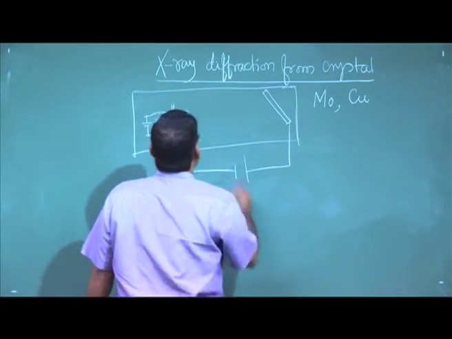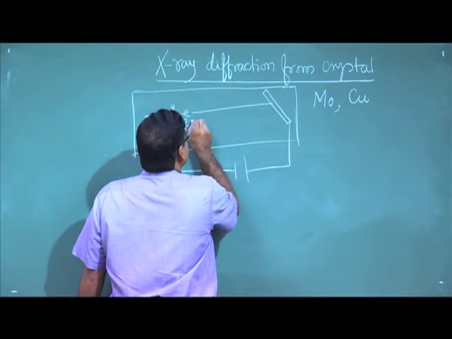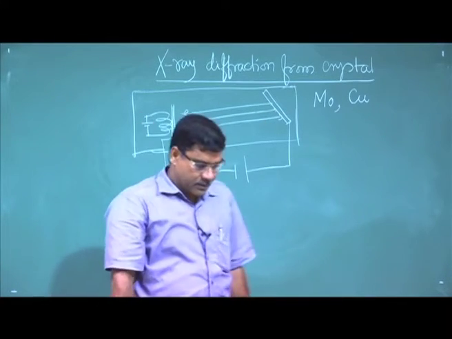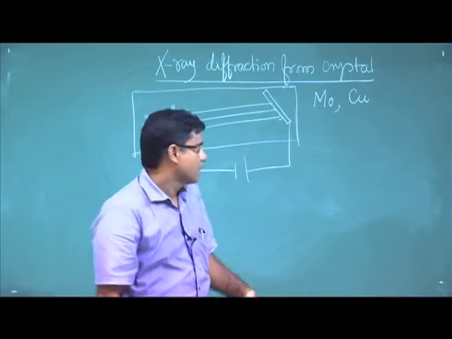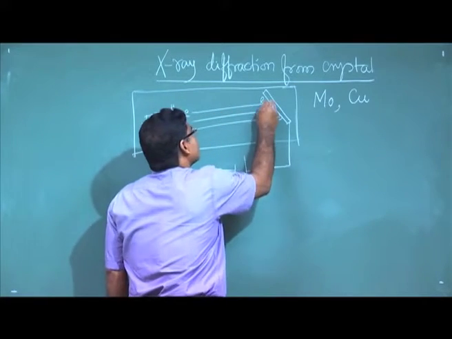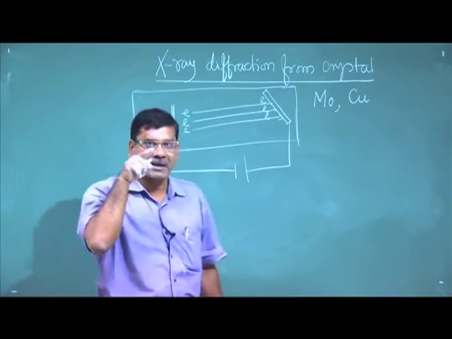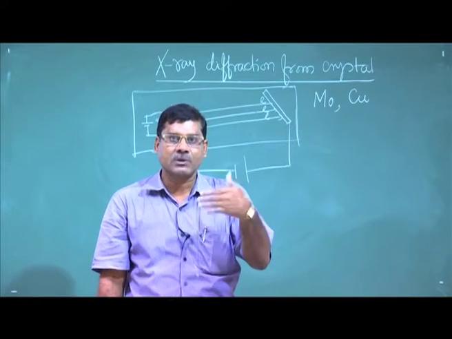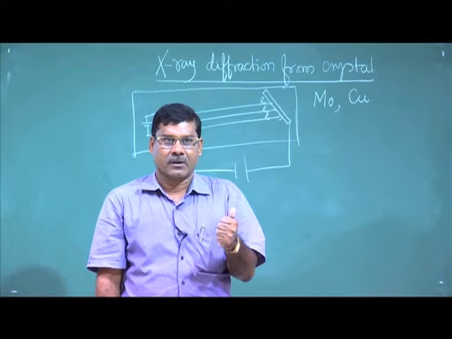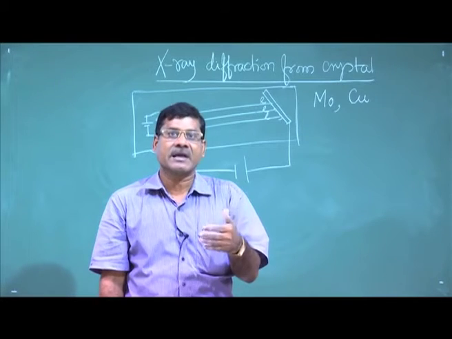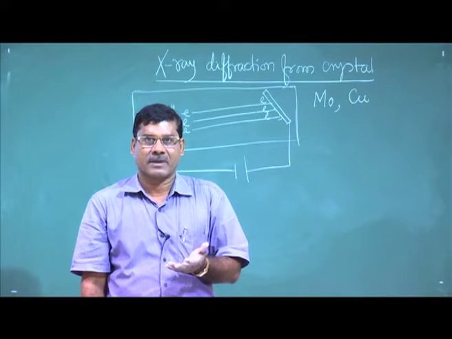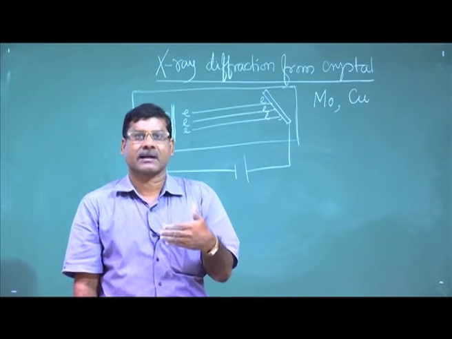So, when it is accelerated and hits this material, what will happen? So, two things will happen. So, these electrons will penetrate the material and will be decelerated, they will lose energy, right. So, when any charged particle is accelerated or decelerated, it emits electromagnetic waves, right. So, that is the principle, it emits electromagnetic waves.